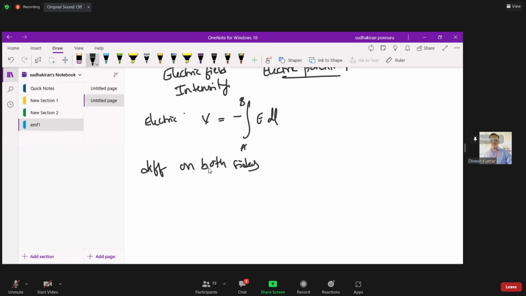If you differentiate on both sides, we can remove the integral. Therefore dV is equal to minus E dot dl.